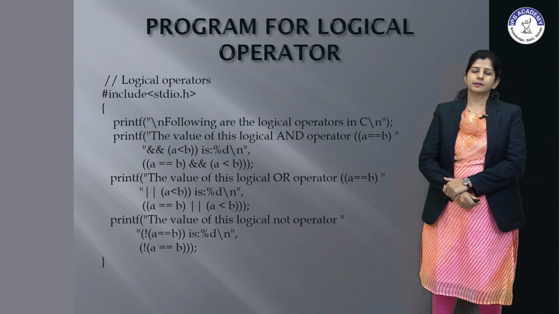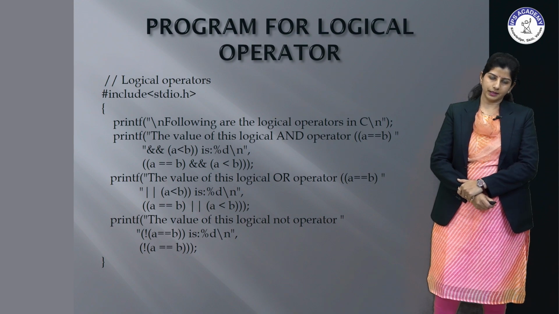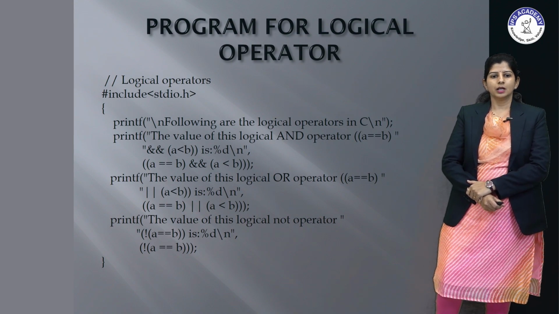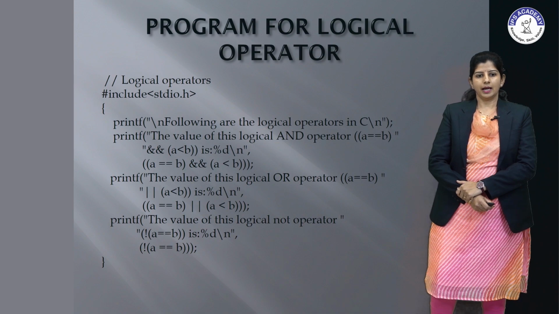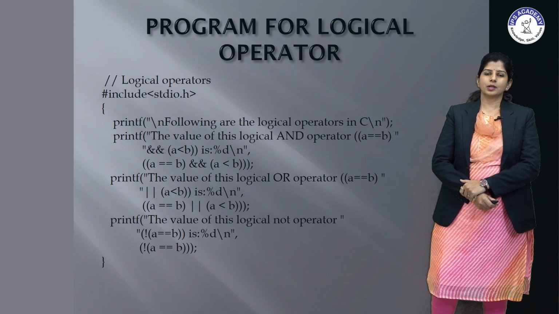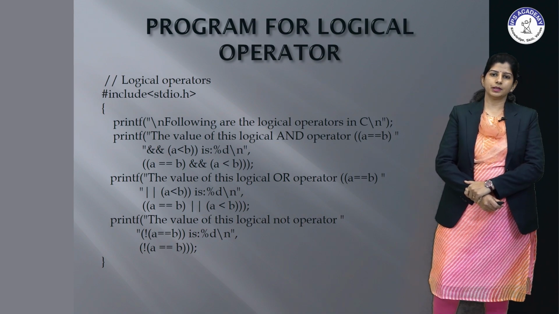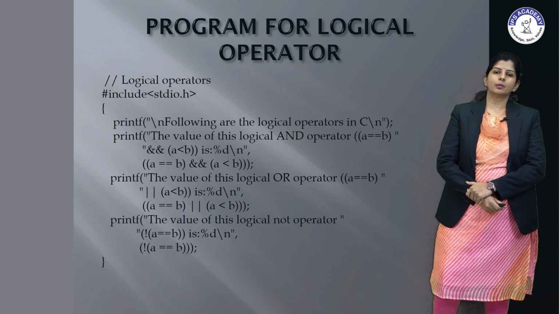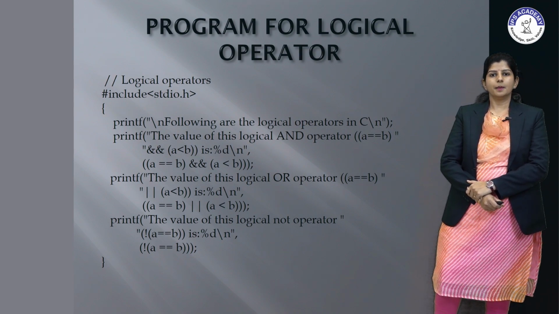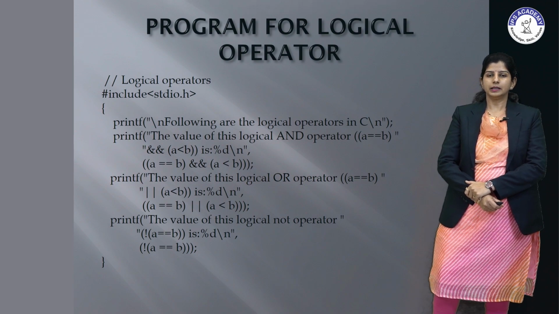Printf, the value of this logical NOT operator. The NOT operator exactly reverses the condition, if A is equal to B. Again, we also try to use another condition with it. The NOT operator always helps me to combine two conditions.